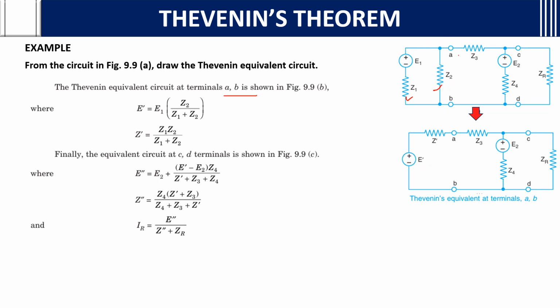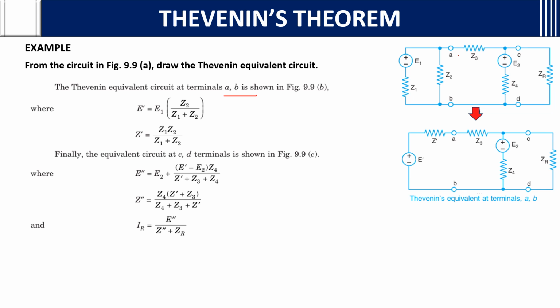Now what we need to do is find the equivalent circuit, finally the equivalent circuit at the CD terminals. We need to find the Thevenin equivalent. As there are two terminals, we are doing it separately. If there is only one terminal, like in the proof, you can do it only once, but here there are two terminals, AB and CD.